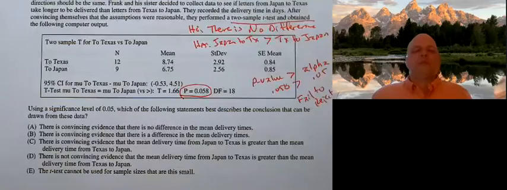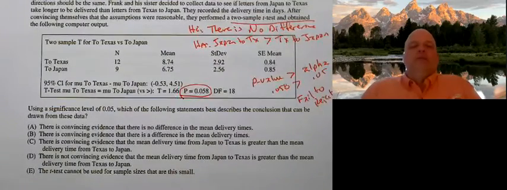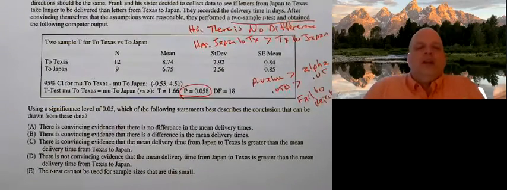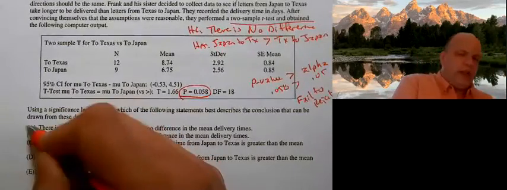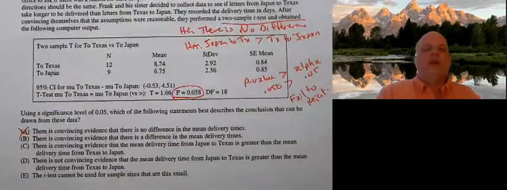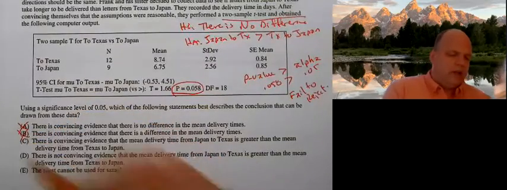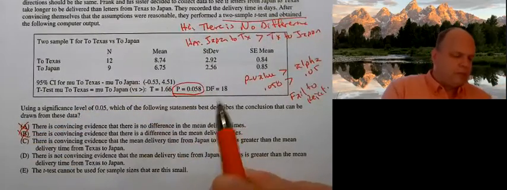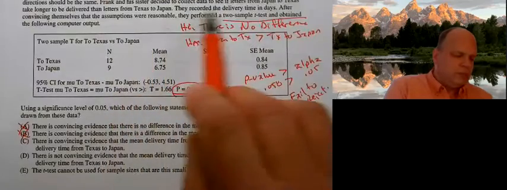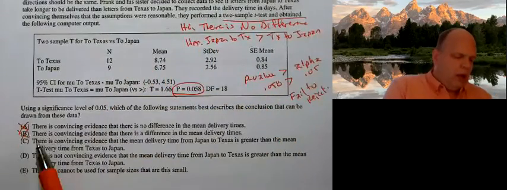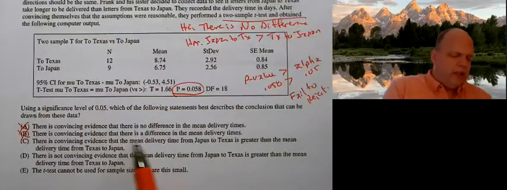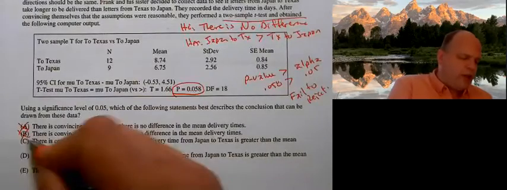All right. So there's H0, or letter A: there's convincing evidence that there's no difference. No, we never say that. We never prove the null. There's convincing evidence that there is a difference. No, we're not saying that. There is convincing evidence that the mean delivery time from Japan to Texas is greater. No, there's not, because we failed to reject.